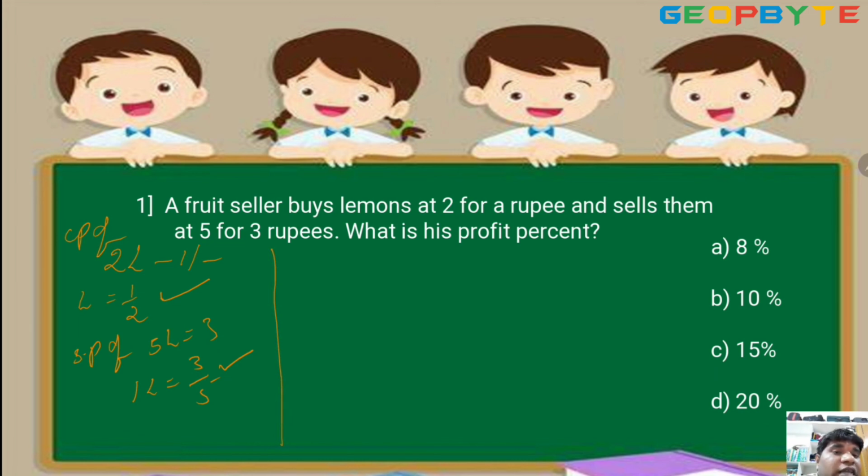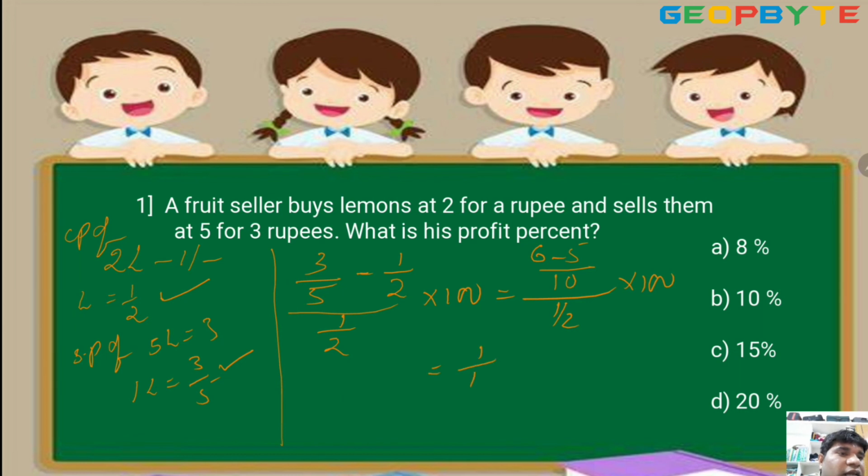So profit is selling price minus cost price upon cost price into 100. This is the method. For the numerator, take LCM 10: 6 minus 5 upon 10, upon 1 by 2, into 100.